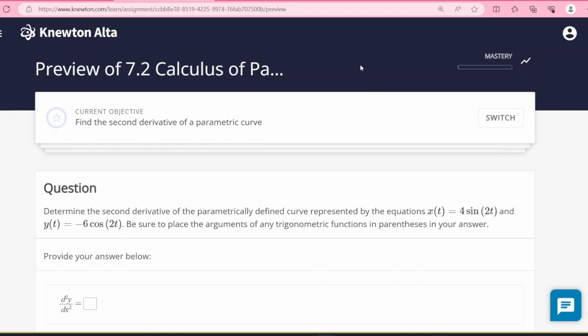So here's what the assignment looks like on Newton-Alta's site. In the upper left-hand corner you'll see the title, though you won't have the word preview. In the upper right-hand corner you should see the mastery bar, which shows how far along you are in the assignment. But like I said earlier, I'm not going to complete the entire assignment.